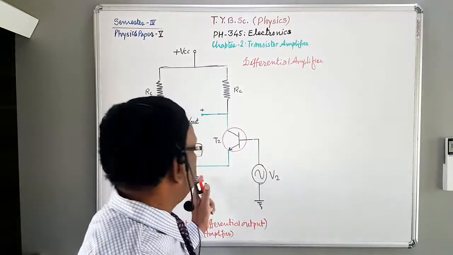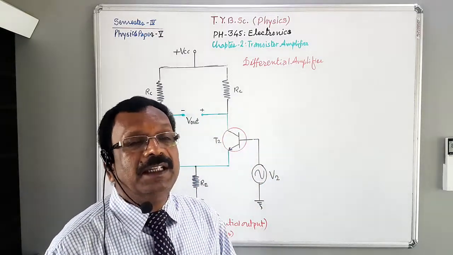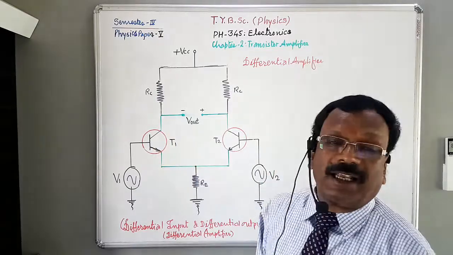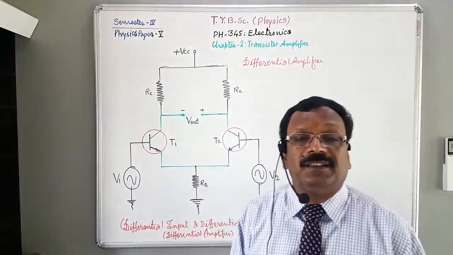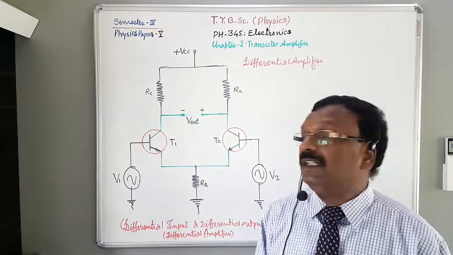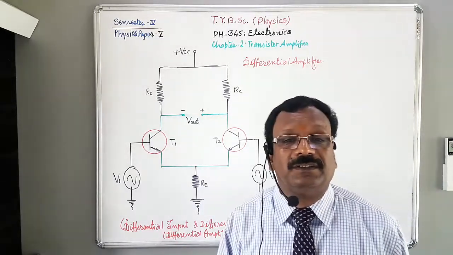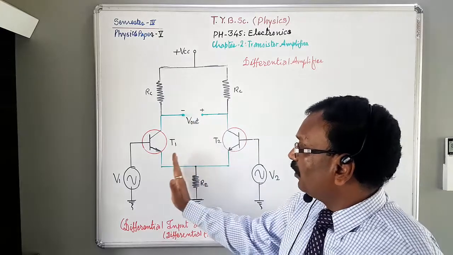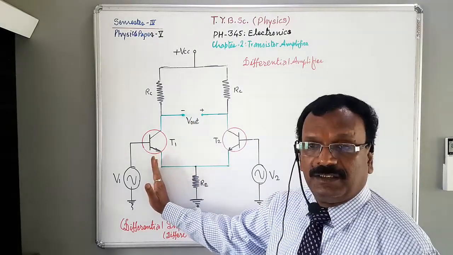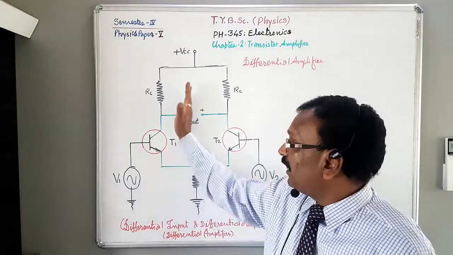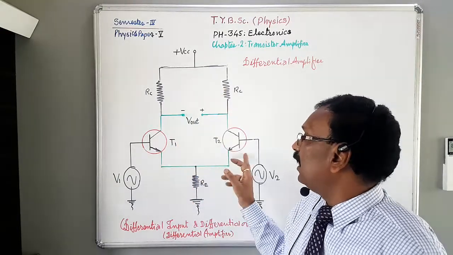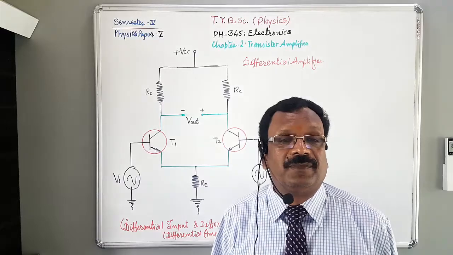This figure shows the differential amplifier. The circuit has two common emitter stages. This is one common emitter stage or single stage amplifier here, and here is another common emitter stage.